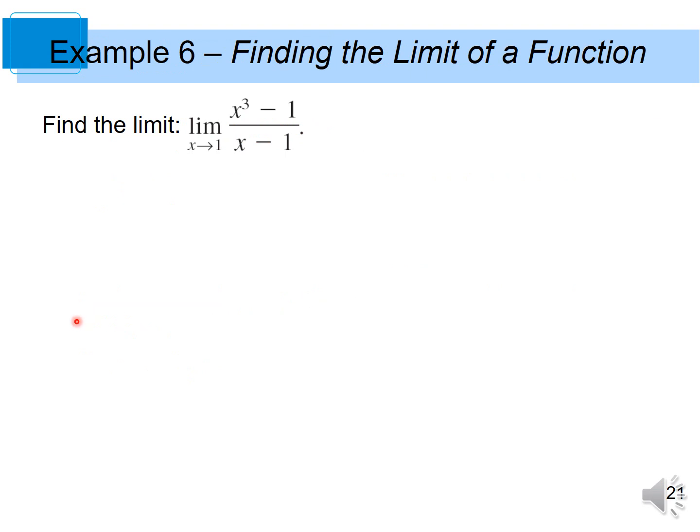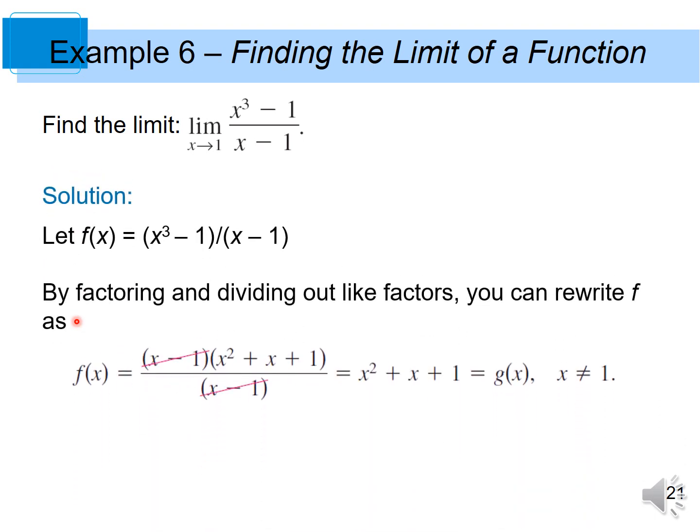Look at this example. Find the limit of x cubed minus 1 over x minus 1 when x tends to 1. Let f of x equal x cubed minus 1 over x minus 1. By factoring and dividing out like factors, you can rewrite f. Factorize the cubic function in the numerator. So we have x minus 1 times x squared plus x plus 1 over x minus 1.